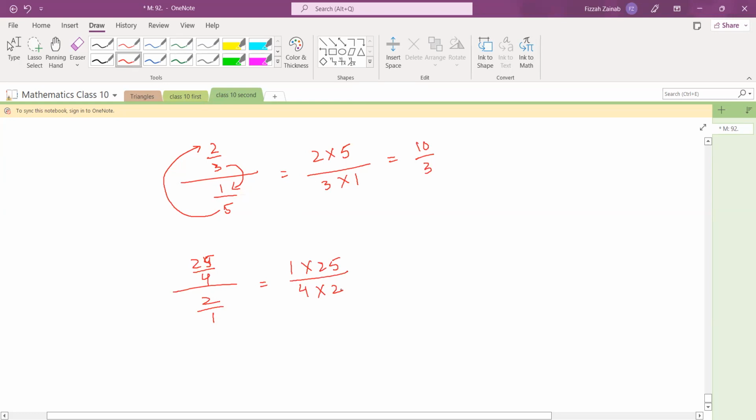So outer numbers multiplied together, inner numbers together. So this is the answer, 25 by 8. Or if you look at it carefully, it can be shifted like this, 25 by 4 into 1 by 2. Can I write it like this? Yes. So when something is written like this, 25 divided by 2, ultimately that 2 actually comes in the denominator.